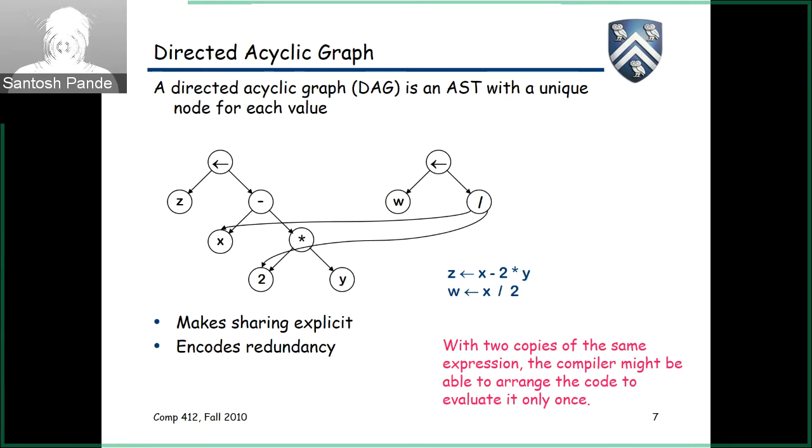So if there were any common sub-expressions here, for example, if the second one also had 2 times y as a common sub-expression, then one of the arrows would go straight to the star, which is the subtree over there. So what does it entail?